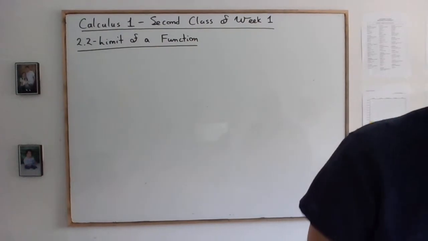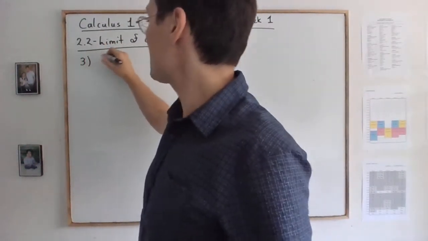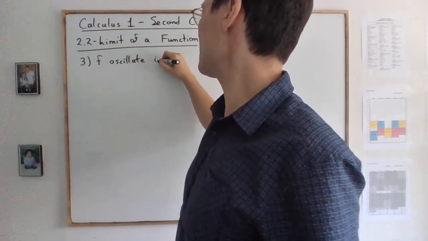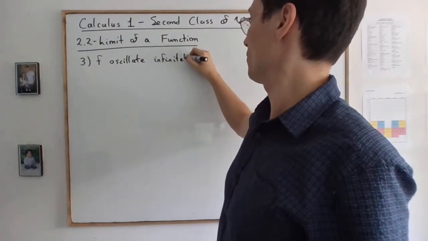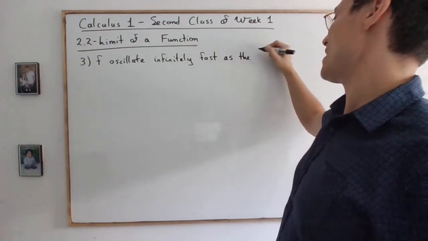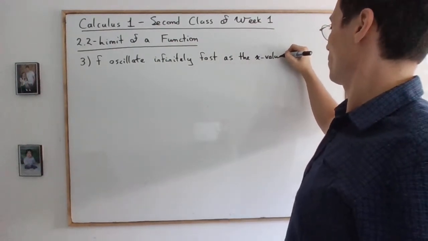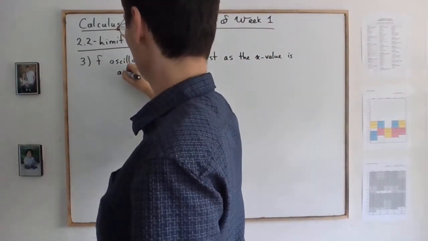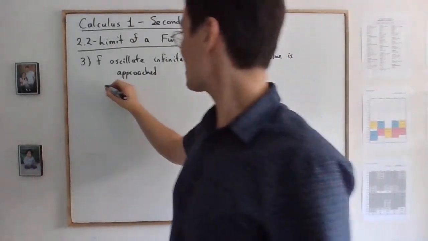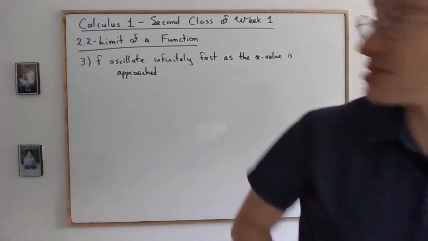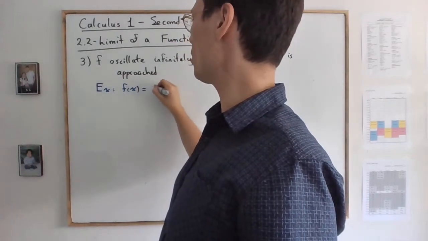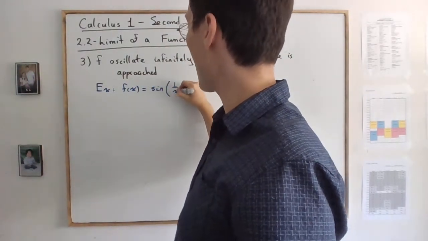Number 3 is: f oscillates infinitely fast as the x value is approached. This happens in the example f of x is equal to sine of 1 over x.